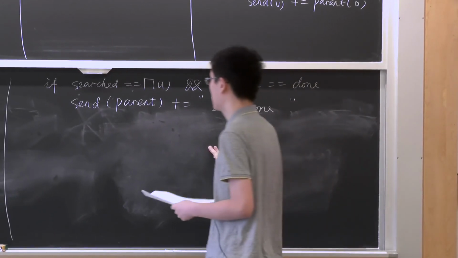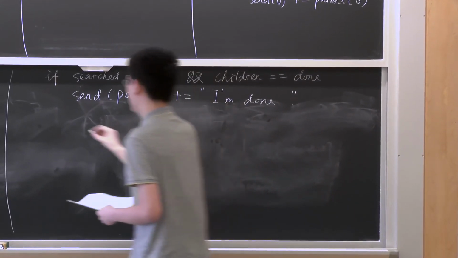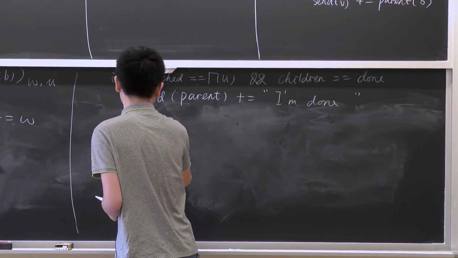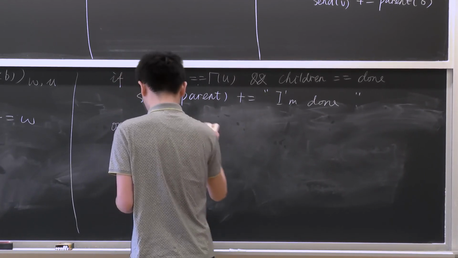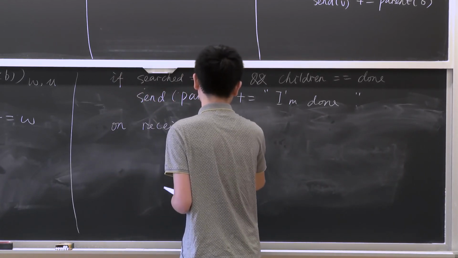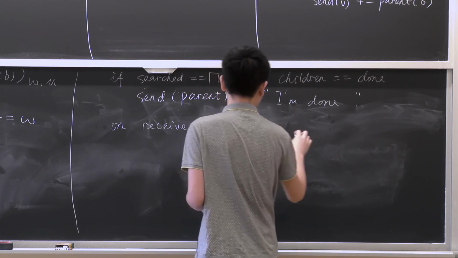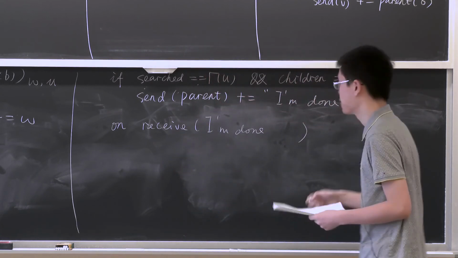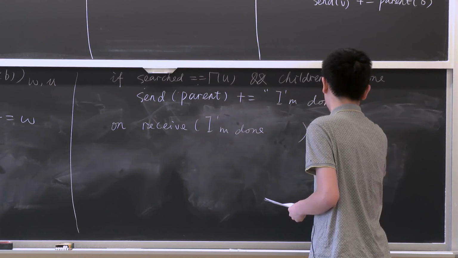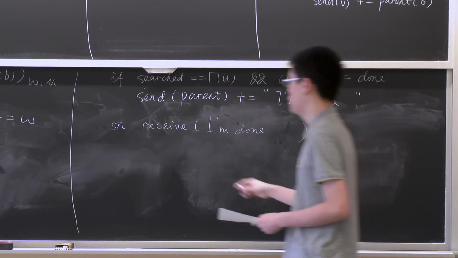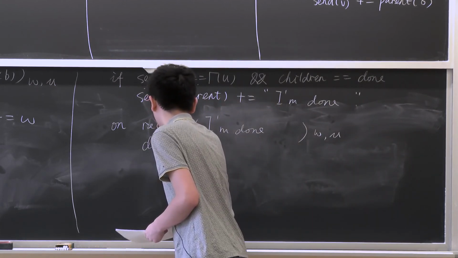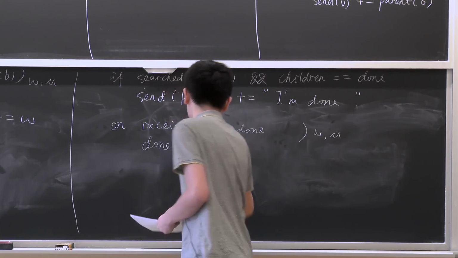Okay. Then whenever we create a message, we should deal with that message. If we receive a message, I'm done, from W, what do we do? Then we're going to mark that node as done.